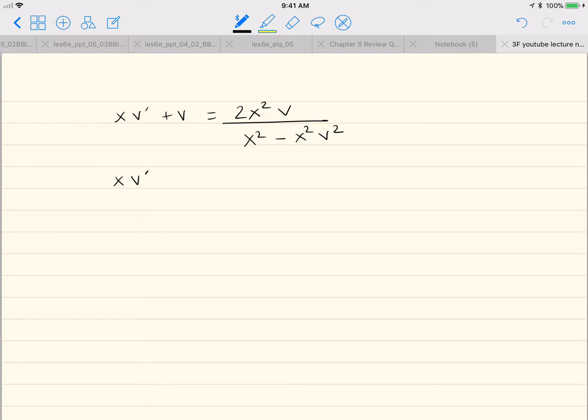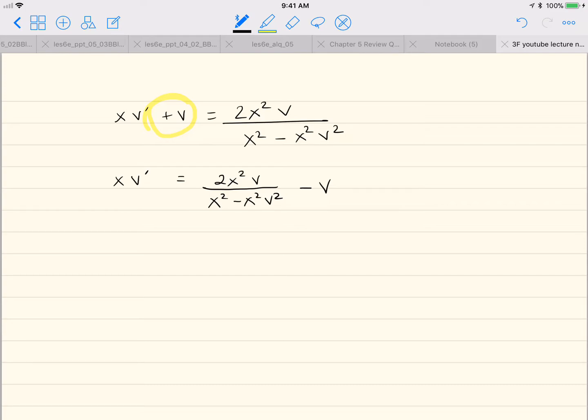So x v prime is going to equal 2x squared v divided by x squared minus x squared v squared minus v. What did I do? I just subtracted v from both sides.